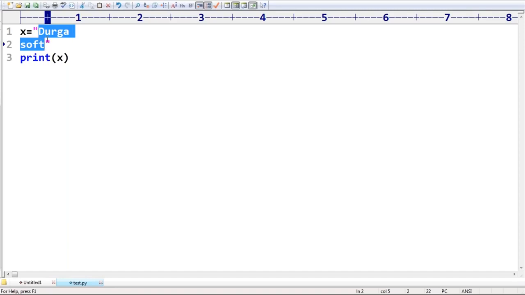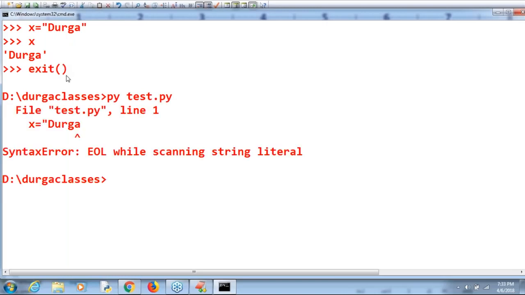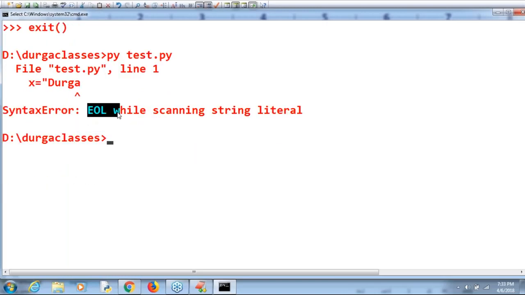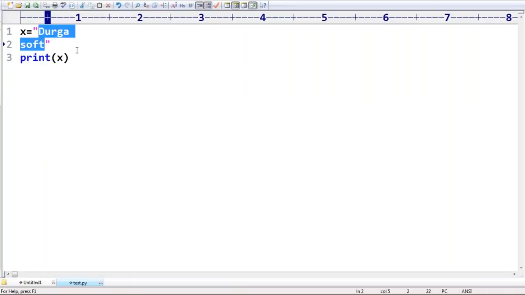If anywhere in your program multi-line string literals are required, then we compulsorily need to use the triple quote symbol. If you use either single quotes or double quotes, immediately we are going to get an error. Observe very carefully. Exit the Python prompt, py test.py. Syntax error: EOL, end of line, while scanning string literal. Now the same thing I'm taking with single quote.